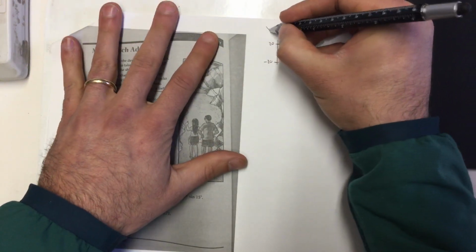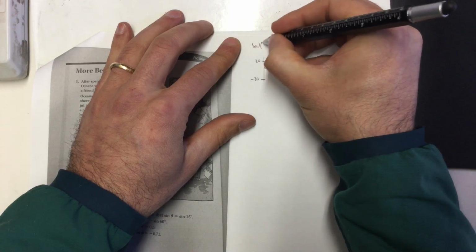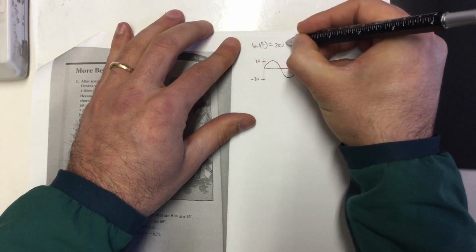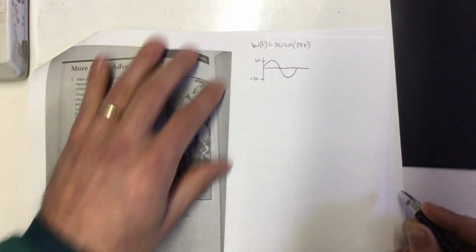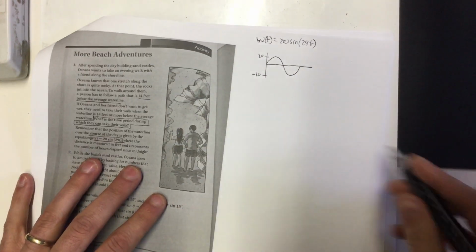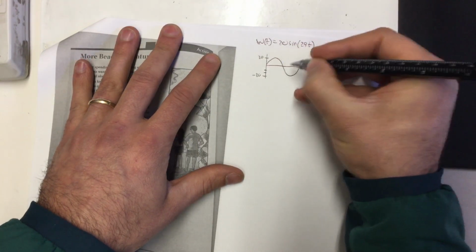Oh, let's write that up here. W of t equals 20 times the sine of 29t. Okay, and 14, let's see, that's probably 10. 14 will be somewhere in there.